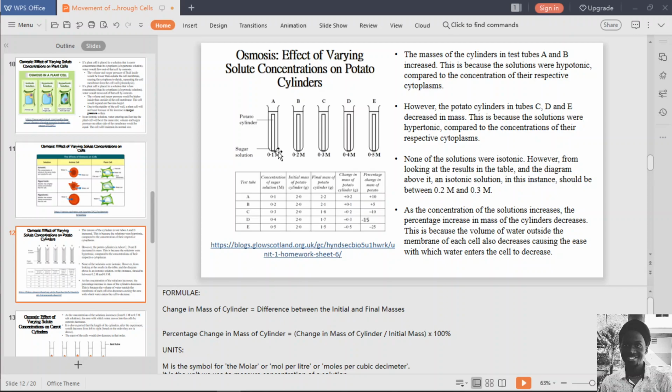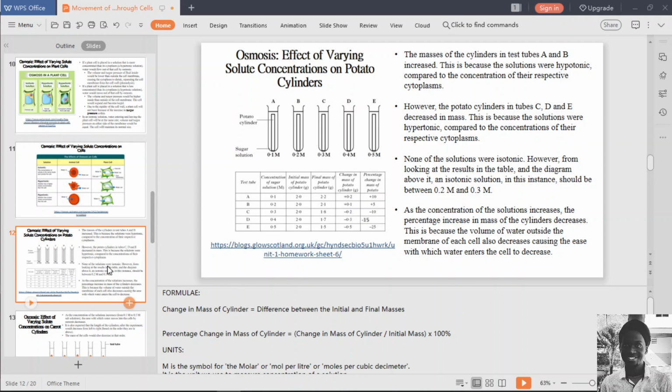As the solid concentration increases, the likelihood that water would enter the cell decreases. That is why as you move from left to right, the percentage change in mass decreases linearly because the concentration increases linearly. So it's an inverse proportionality relationship.